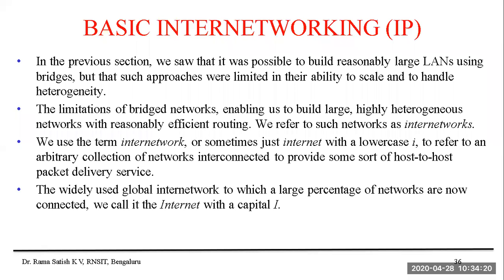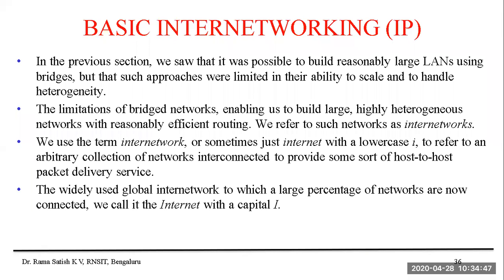This can be achieved through gateways or routers. So that is what we understood. The small i we write to represent an internet, and the capital I we write for the Internet, to represent the global collection of networks.